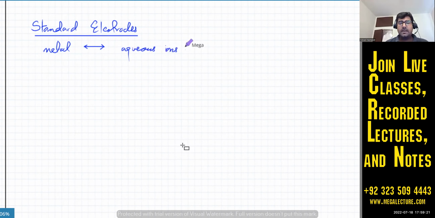So if you have a metal in equilibrium with its aqueous ions, that's the first type of electrode.